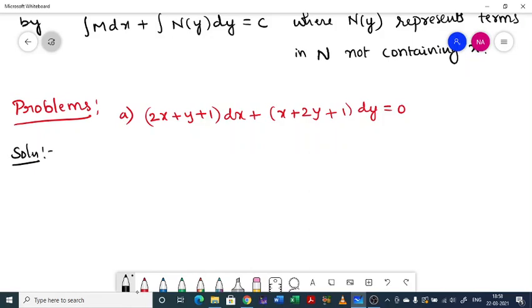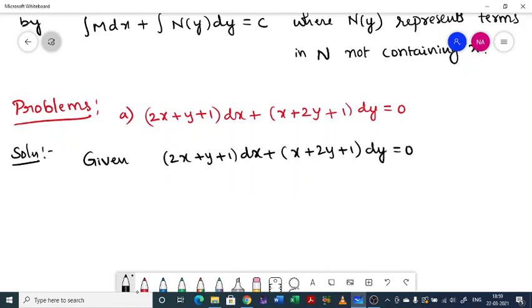In the case of an exact differential equation, first you need to identify M and N. After identifying M and N, you can use the above rule to write the solution of that equation. The given differential equation is (2x plus y plus 1) into dx plus (x plus 2y plus 1) into dy equal to 0.